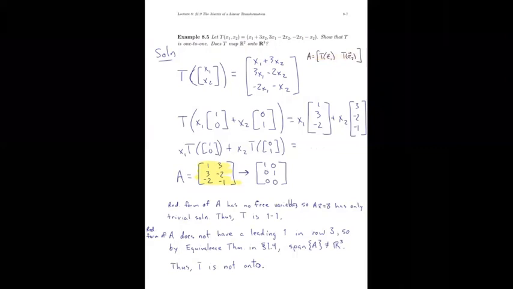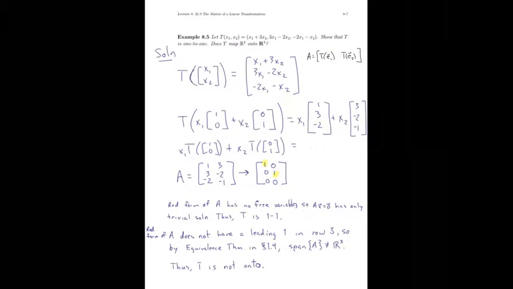So the key thing to do to answer these questions is to convert this matrix A, our standard matrix for T, into reduced echelon form. I like reduced echelon form because we can really get into the details of what's going on. So if we look at this reduced echelon form, we realize that we have two basic variables. And we also note that every column has a basic variable, both of the columns really.